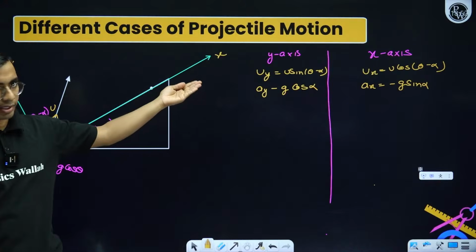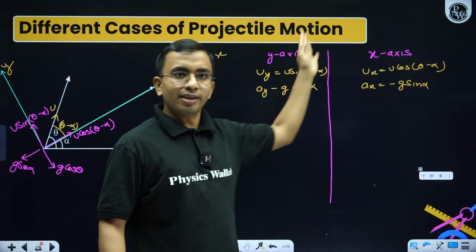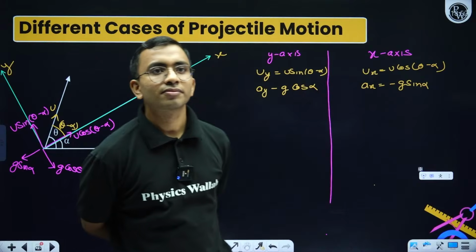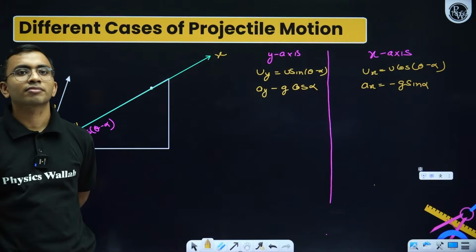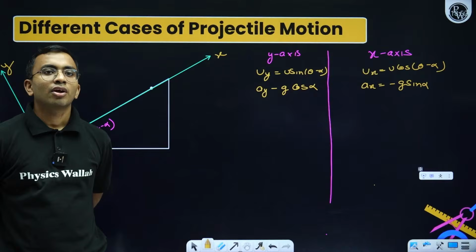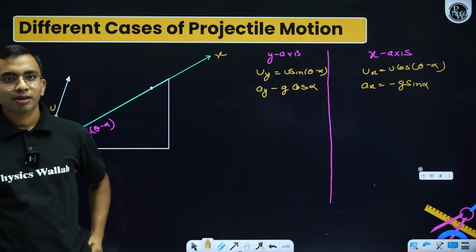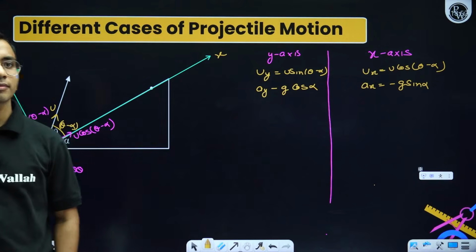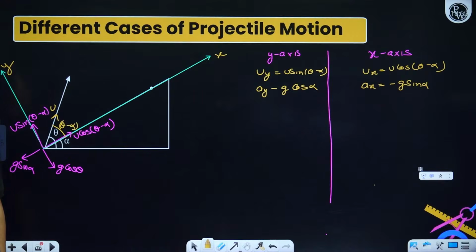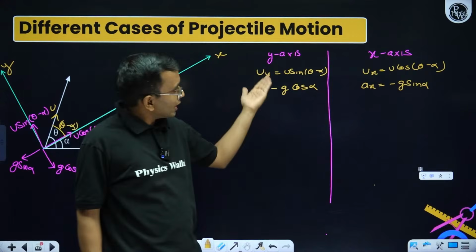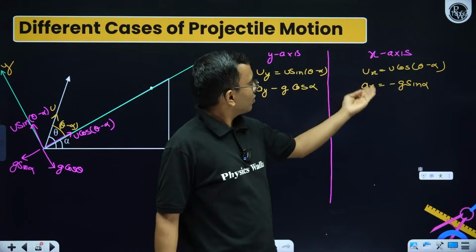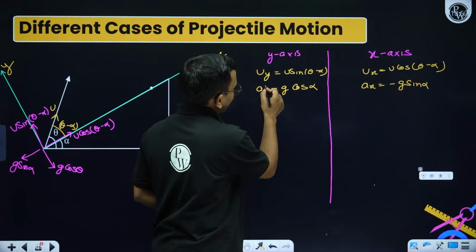You know the initial velocity, you know the accelerations, write the equations. Okay, so we know the velocity and acceleration along x-axis, and along y-axis.